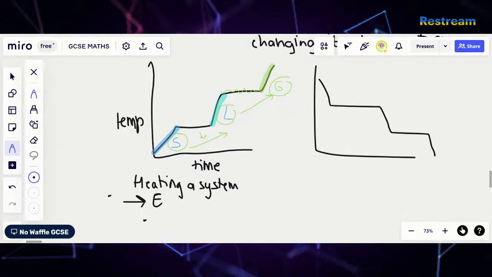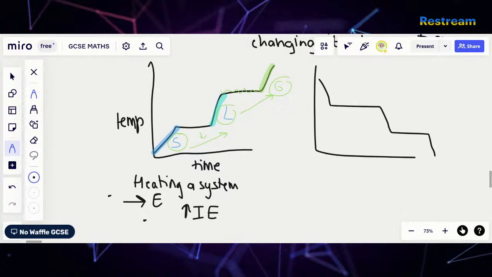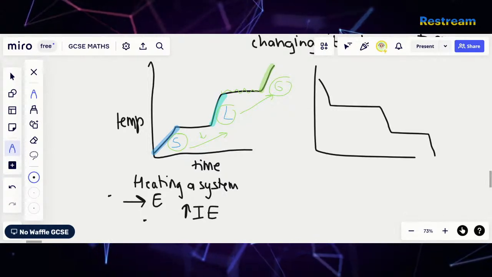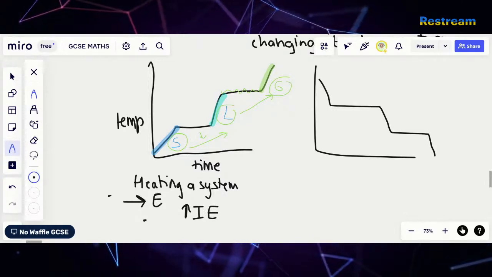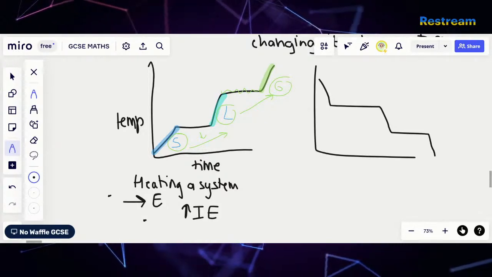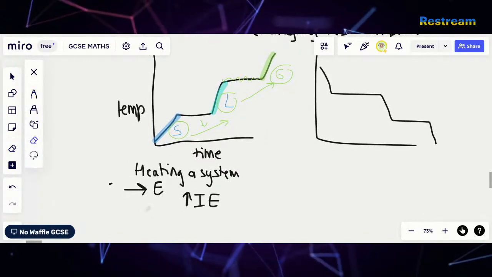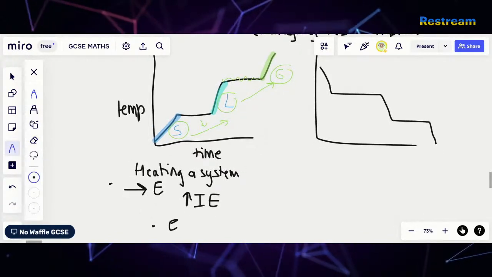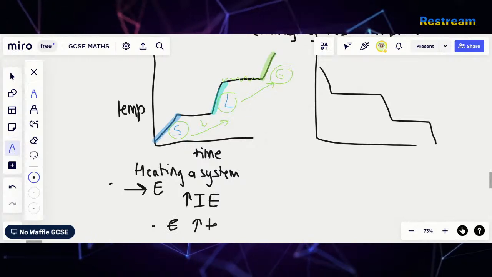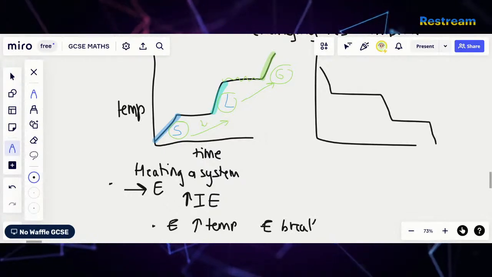So when you're heating a system, you're putting energy in, which therefore increases the internal energy of the system. But the energy is used for breaking intermolecular bonds rather than raising the temperature. Energy can either be used to increase the temperature, or it can be used to break the intermolecular bonds.